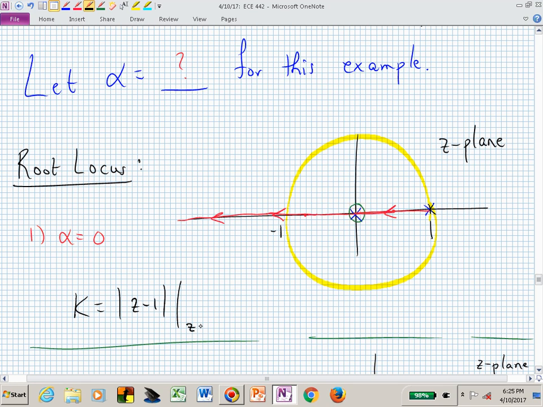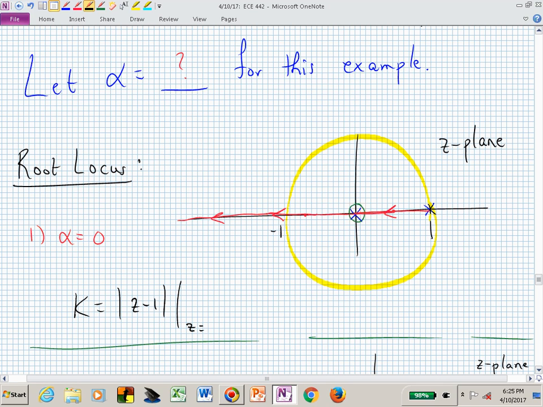What would I evaluate z at to determine the bounds of stability in this case? Is there a maximum value of k that I need to stay less than? And where do I find that, or how do I find that k? I want to keep the red branch or the closed loop poles inside the unit circle.